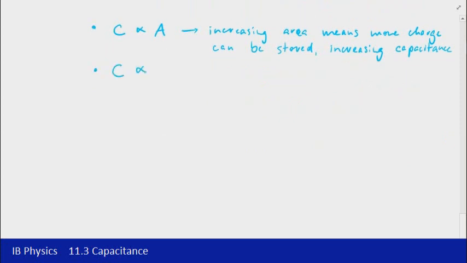The second one that's not quite so obvious is the distance. Capacitance is inversely proportional to the distance. The reason is that if you increase the distance between the plates, there's less attraction between the oppositely charged plates.